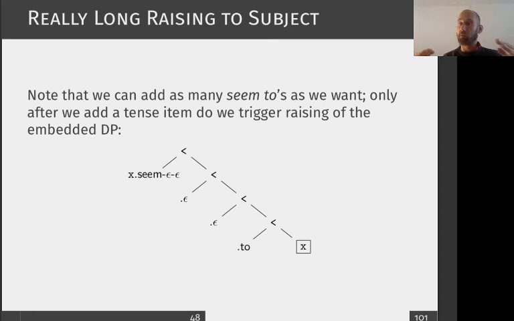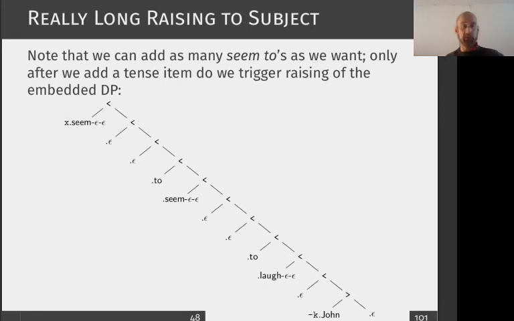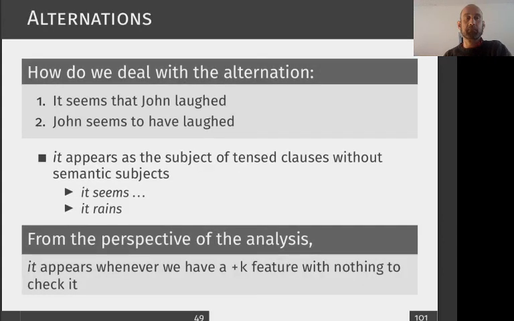Okay, so the important thing here is that by doing these steps, we take an X and build onto it, and we get an X. And so we could do this over and over again, right? And so here we did it two times. Seem to laugh, seem to laugh into John.